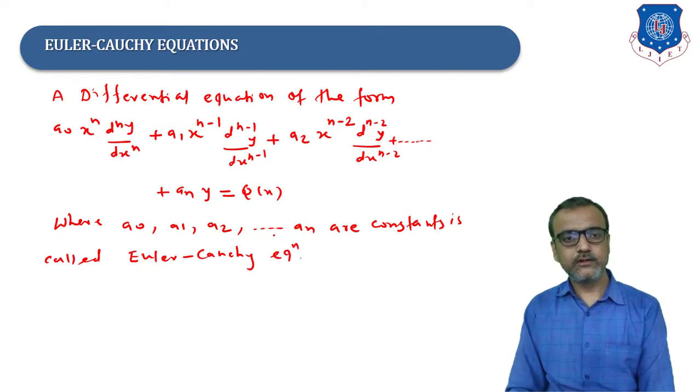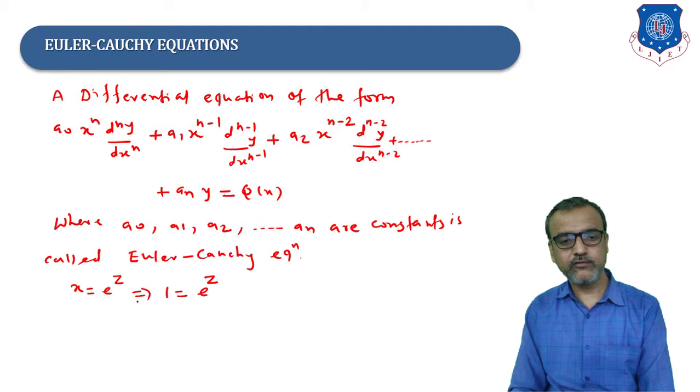Now to solve this Euler-Cauchy equation, let x equals to e raised to z. Now differentiating this equation with respect to x, derivative of x is 1, derivative of e raised to z is e raised to z, and as you can see that z is a function of x, so we have dz by dx.